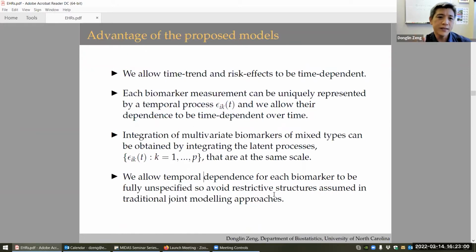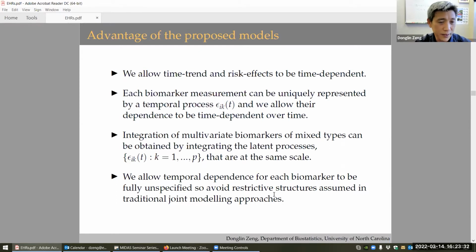This summarizes how useful this kind of joint model, or latent process statistical modeling, can be. First, we allow time-dependent beta t and omega t. Basically, the effect can change over time t, and the dependence correlation between biomarkers changes over time t. But the most important thing is that we project each biomarker onto the latent process epsilon t, and on the same scale they have this multivariate Gaussian distribution.